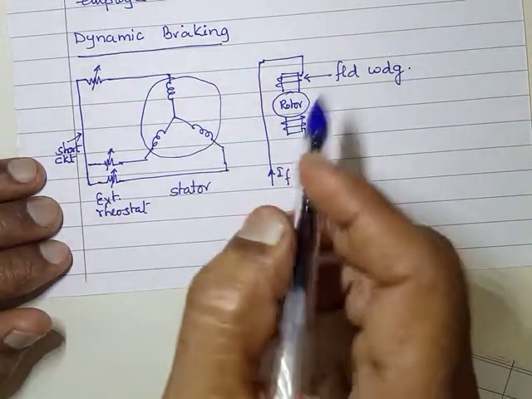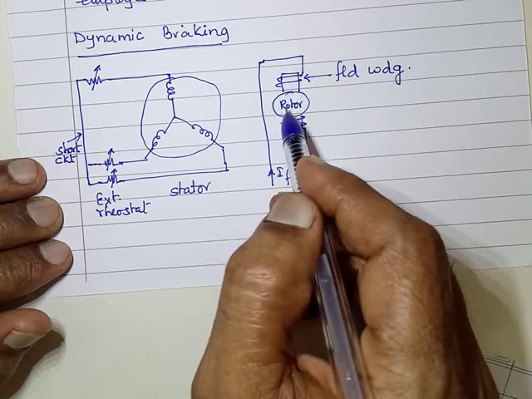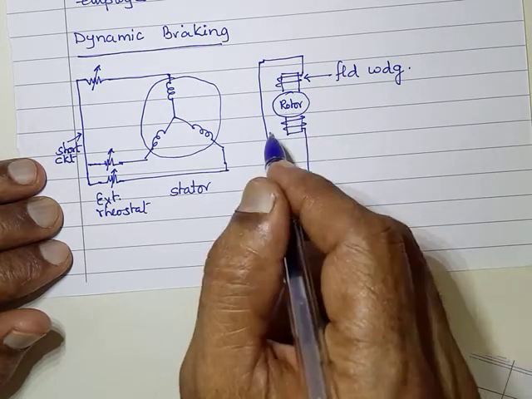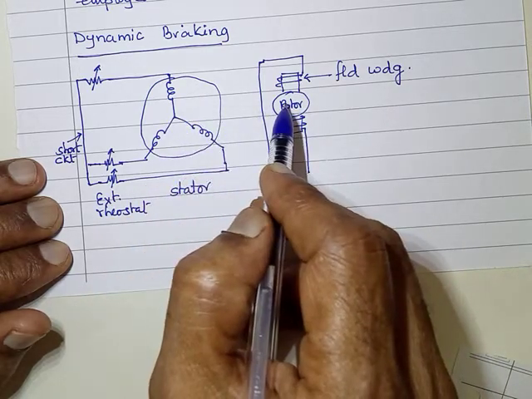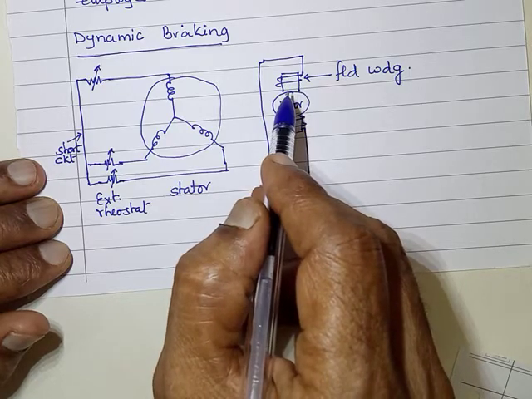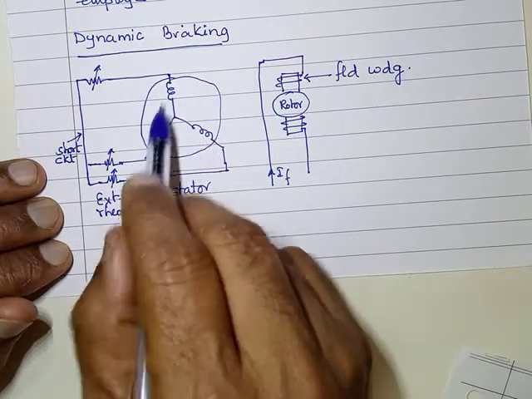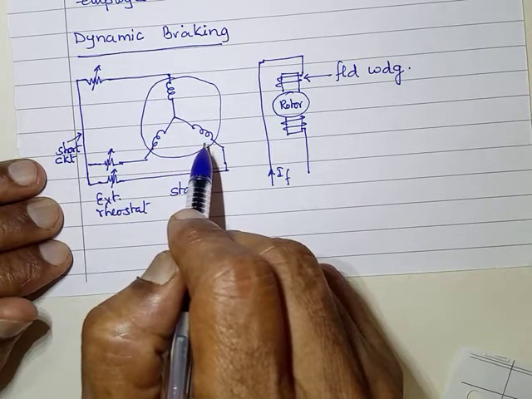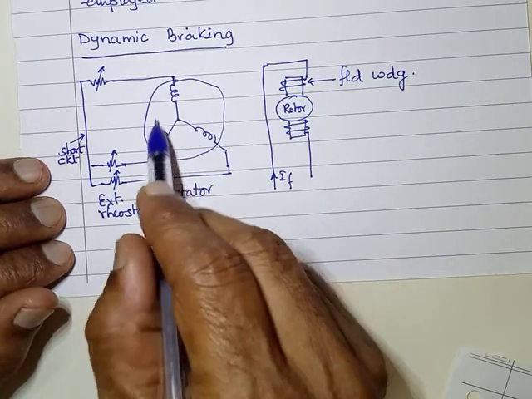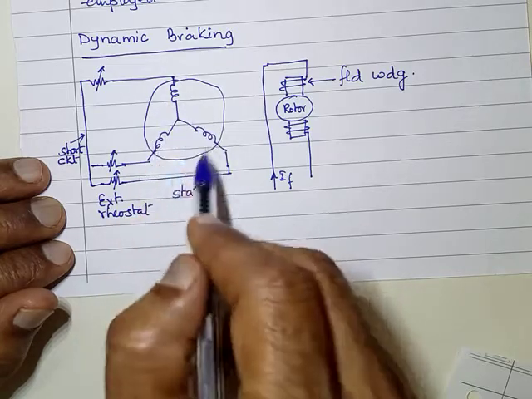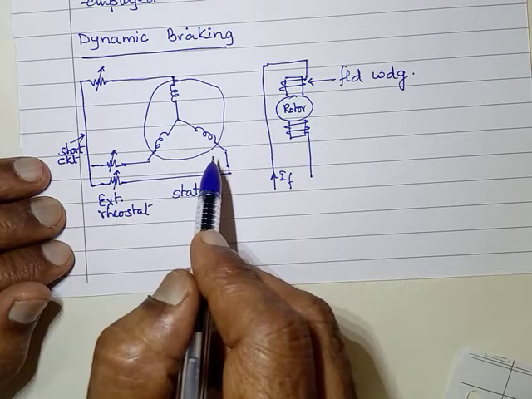What else? We have rotor continuing to rotate, field current maintained. Magnetic field is there, rotor rotates. As a result, the flux lines linking with the stator will change. Change of flux, d phi by dt, will result in voltage being induced in the stator windings, and the stator windings are short circuited.